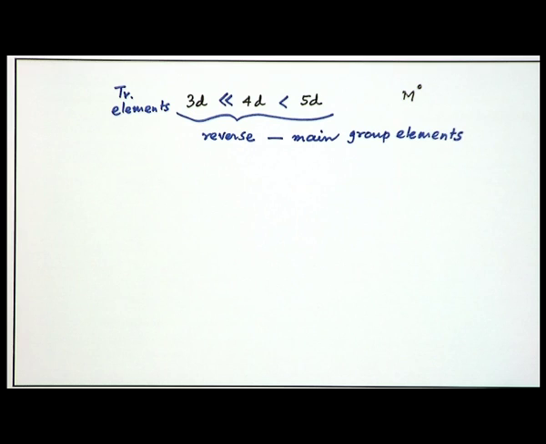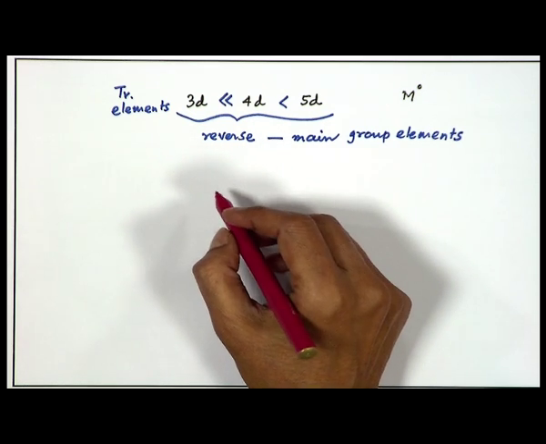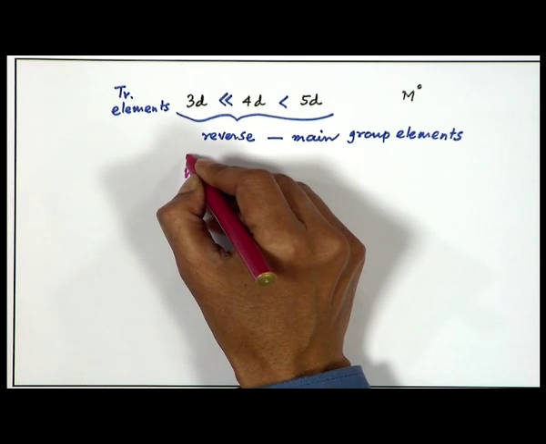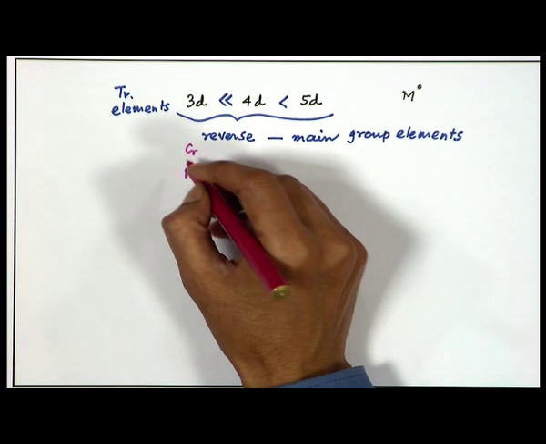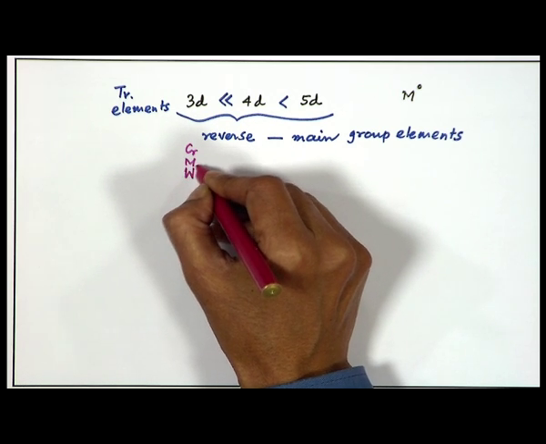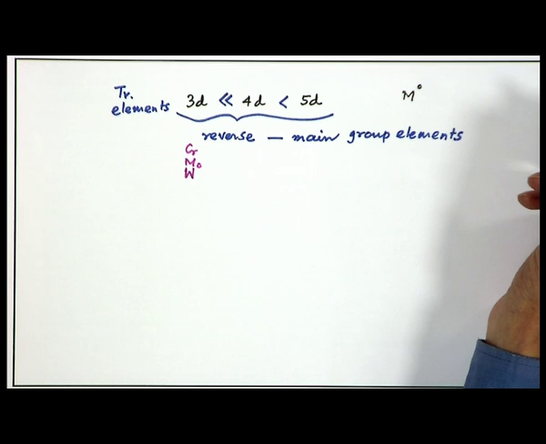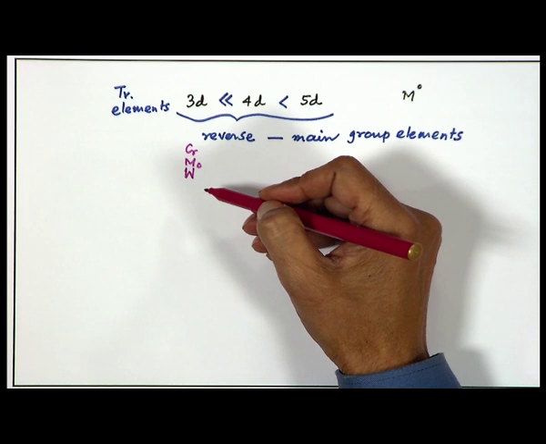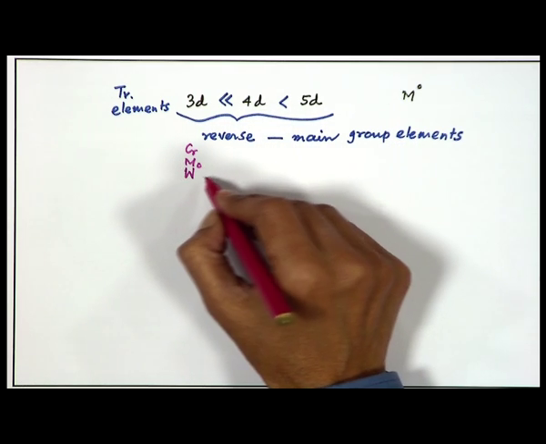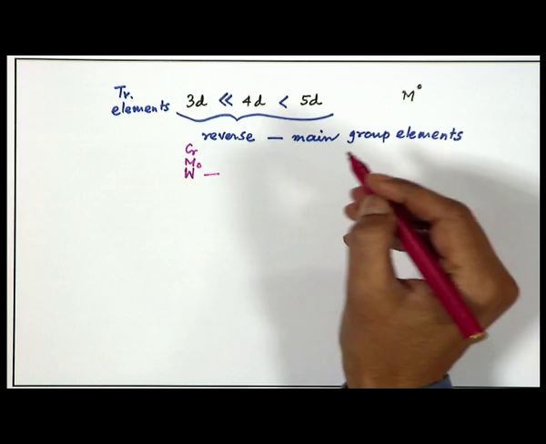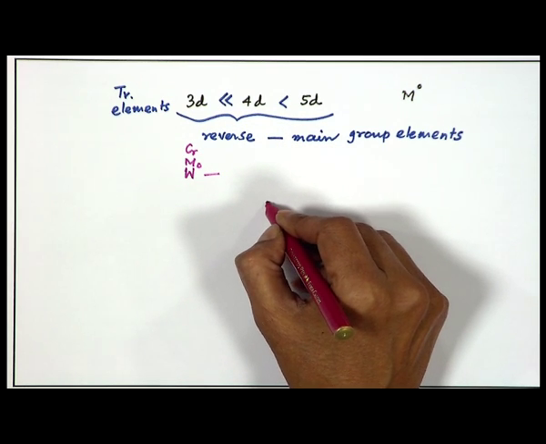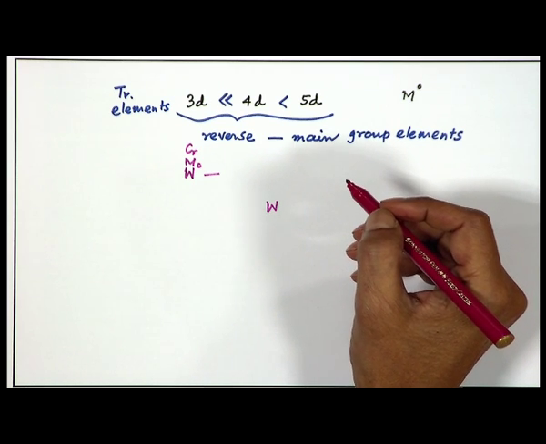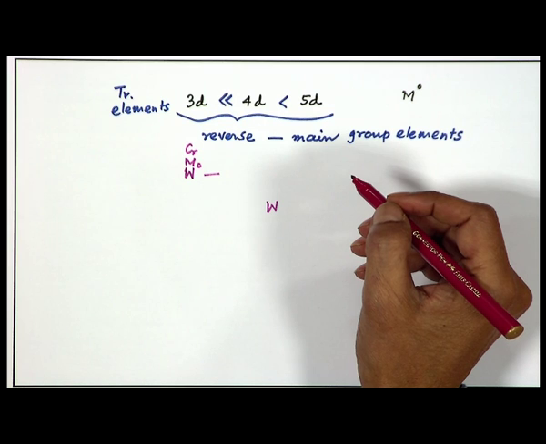So, if we consider tungsten, which is in the chromium group, we have chromium, molybdenum and tungsten. Chromium, we know, has 6 unpaired electrons. Similarly, molybdenum will also have 6 unpaired electrons.